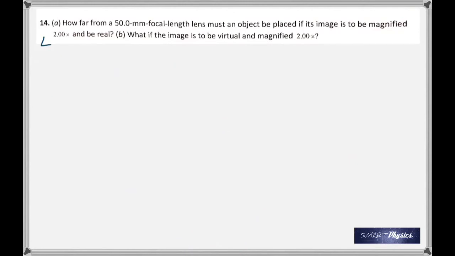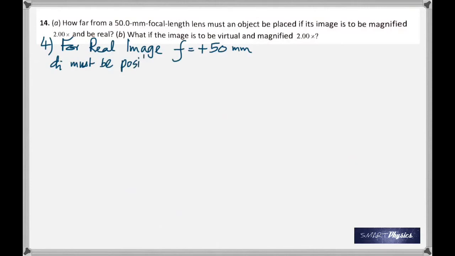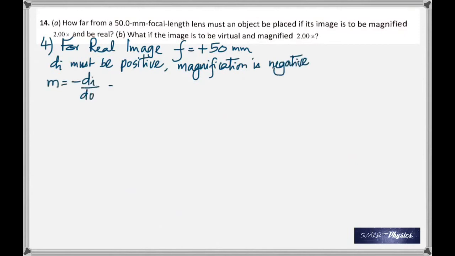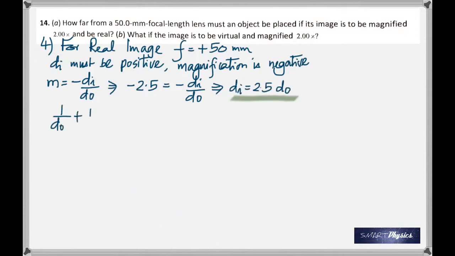A similar kind of problem here. Again, we have to find DO, but in 2 different cases. First, it's a real image, and therefore DI must be positive. Magnification must be negative. Now from the formula for magnification, we can find DI in terms of DO, and then put it into the lens equation.